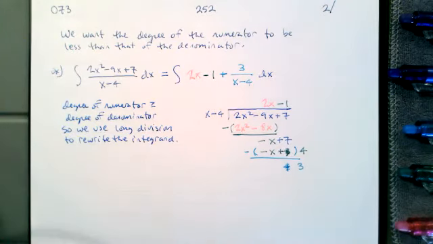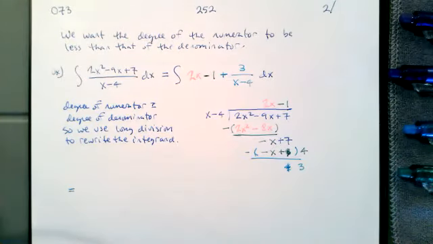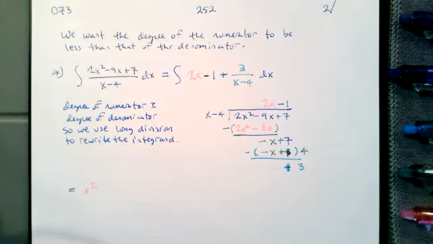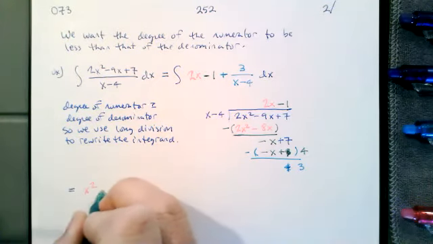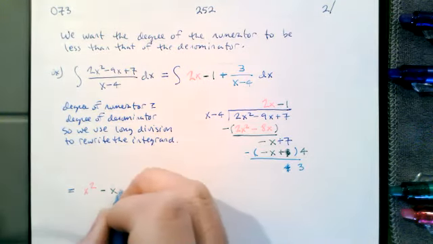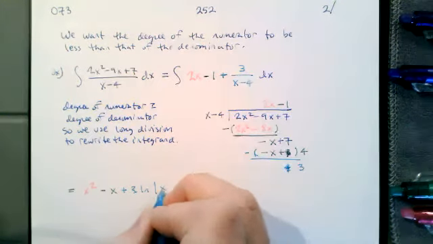So to integrate that, the integral of 2x is x squared. The integral of -1 is minus x. And the integral of 3 over x minus 4 is 3 times the natural log of the absolute value of x minus 4.